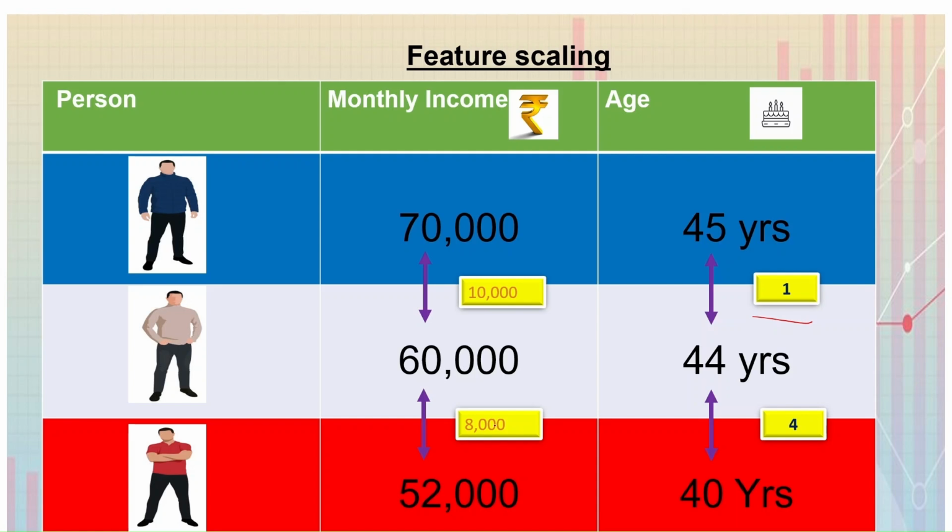We focus on the large magnitude numbers 10,000 and 8,000. Out of them, we say the brown person is clearly closer to the red person because that value 8,000 is 2,000 units less than the difference between the blue and brown person. As a result, we group the brown and red person.